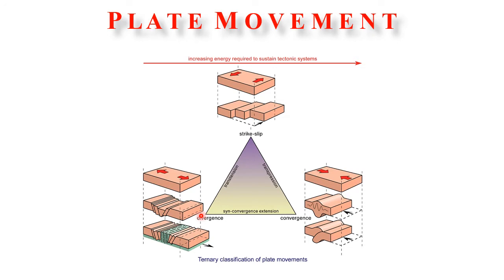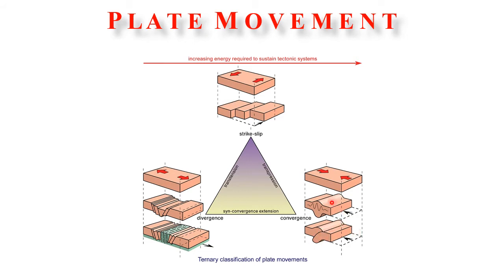So here we can see the ternary diagram of plate movement, in which we have pure components of movement along the edges of this triangle, like divergent movement, when the plates are purely moving away from each other. Then we have convergent movement, in which one plate is moving towards another plate. If one is oceanic and the other is continental, the oceanic one, being denser, will subduct beneath the continental one.